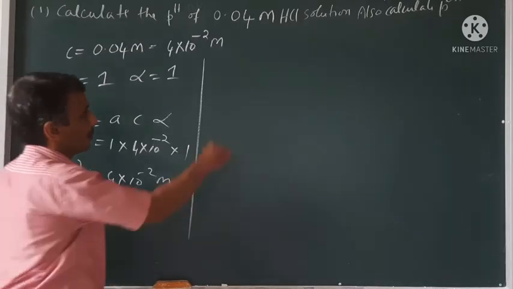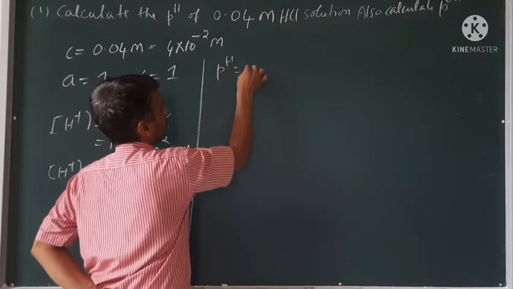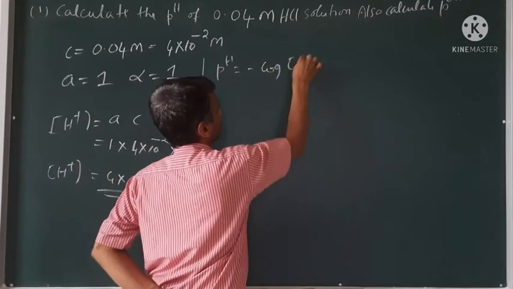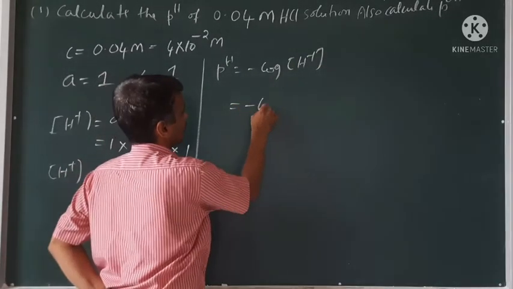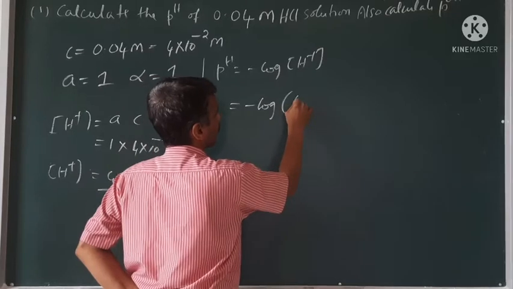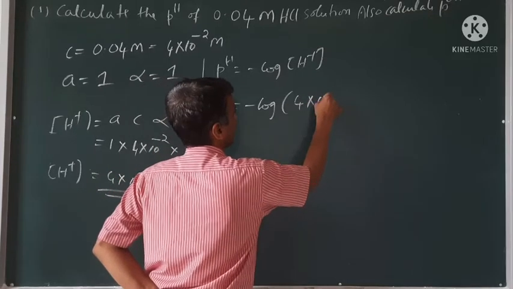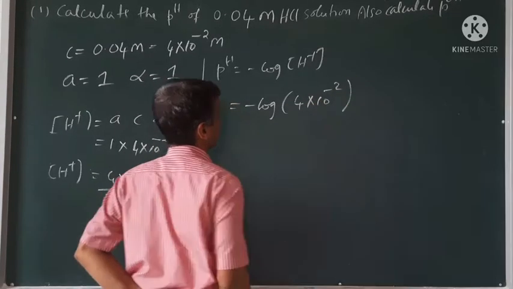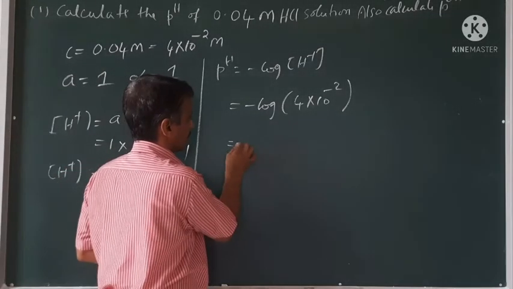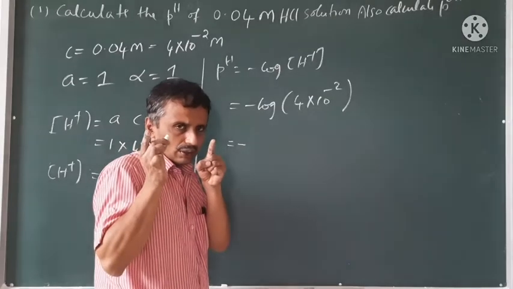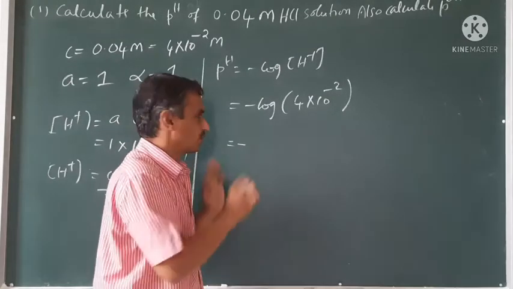Now, pH is equal to negative logarithm of H plus concentration. This is the formula. It is equal to negative logarithm of 4 into 10 to the power minus 2. Now, see, only until you understand, you follow this step.